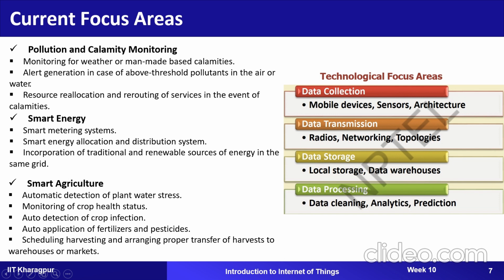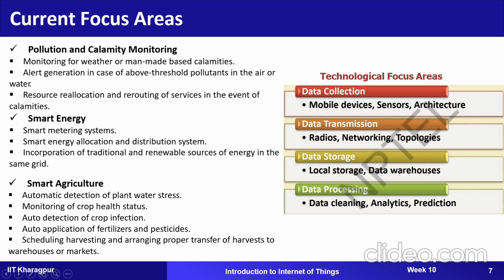Now the technological focus areas. The first one is data collection. First of all we need to collect the data from your smart cities. The second one is data transmission: using different network topologies and network protocols, you have to transmit the data from your sensors to the data storage place or to the cloud.